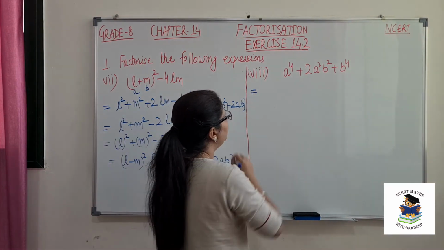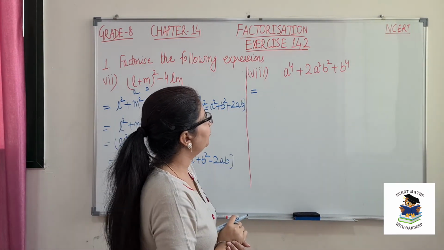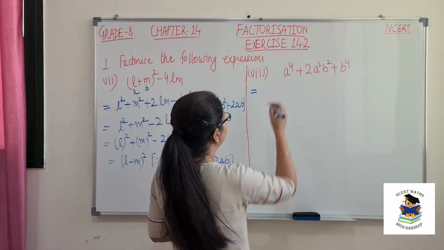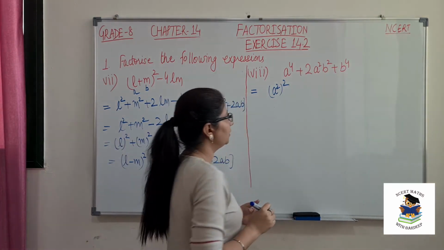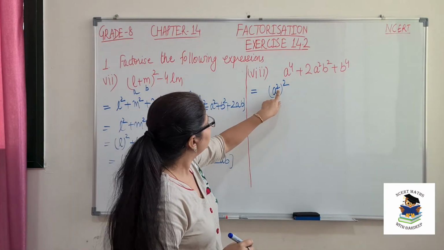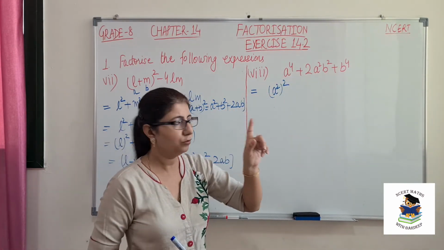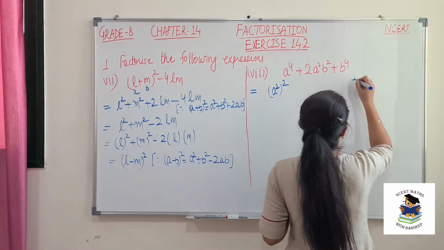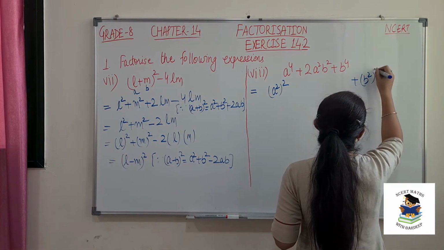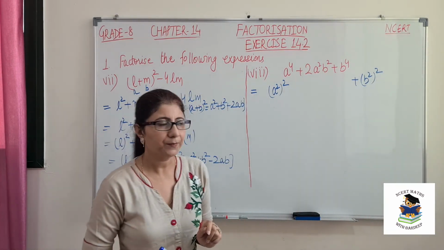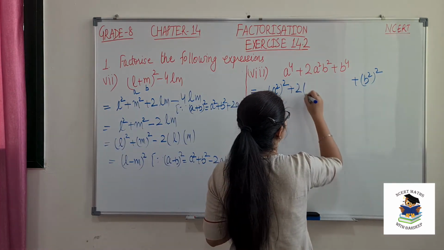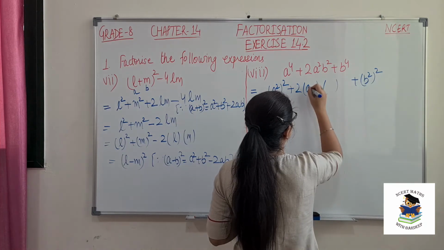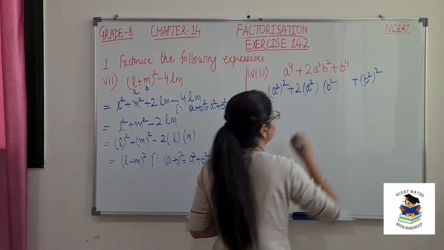This is a4 plus 2a square b square plus b4. So this a raised to power 4 can be written as a square whole square, because using laws of exponents, 2 into 2 will give me 4. So this also can be written as b square whole square. Okay. So now the middle term is positive. So let's check. This is a square, this is b square.